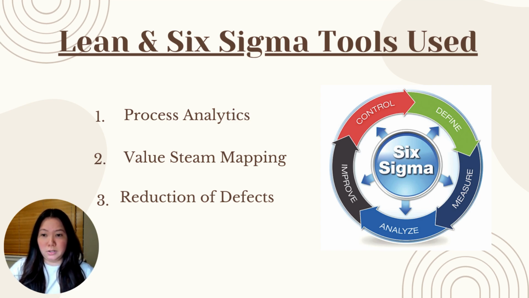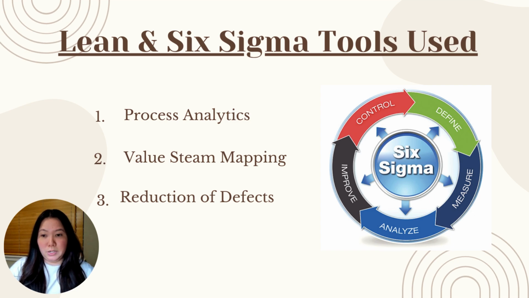Under value stream mapping, a comparison between the current state, the manual process, and the future state, which is the AI integrated process. This allows for visualizing time savings and workflow improvements in areas where AI would be most beneficial.